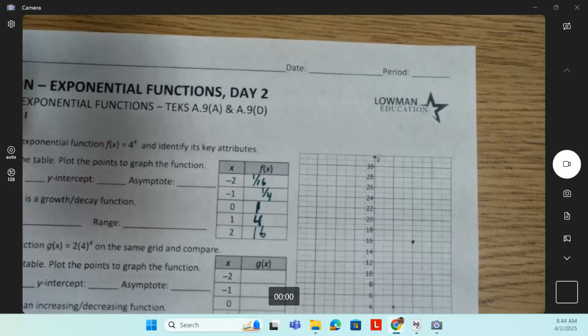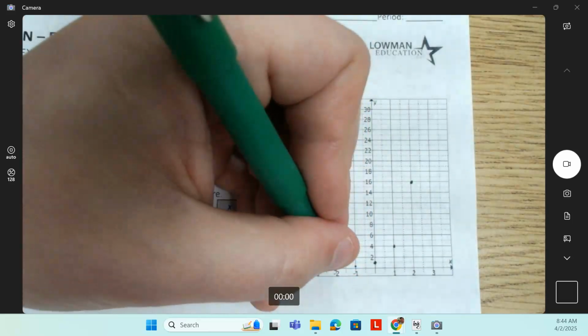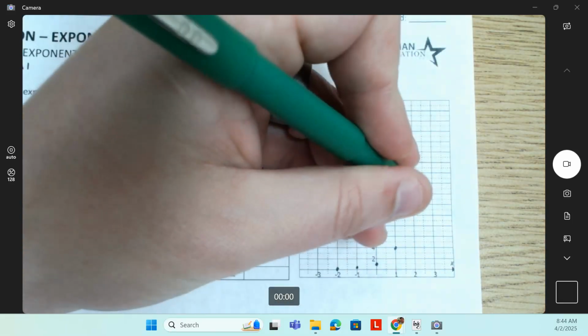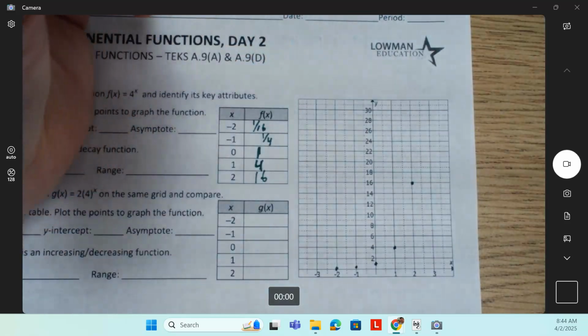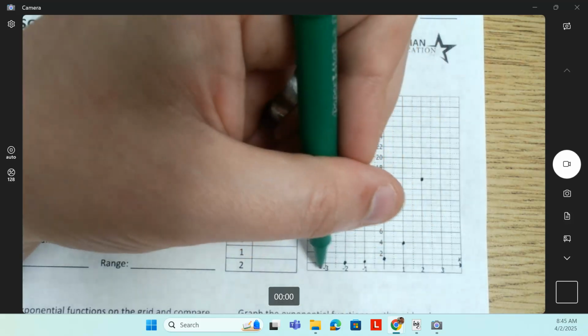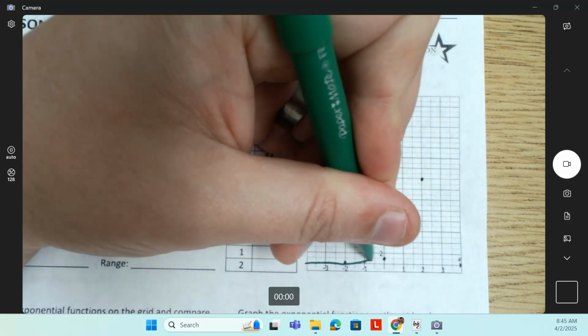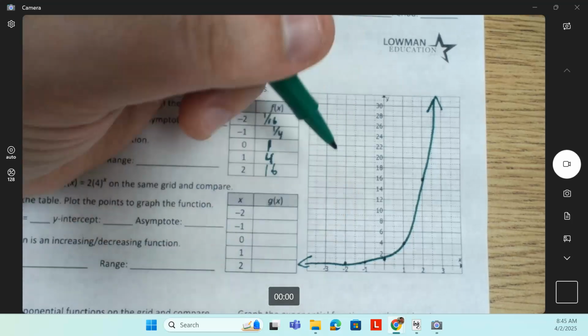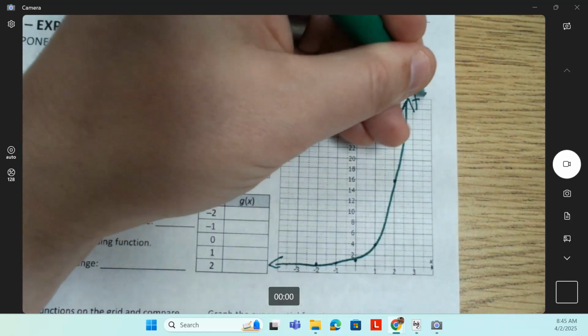So we're really just getting really close along that line here. So just giving you an idea of how it's going to go, and we're going to do our best to trace that graph kind of around as it goes just to get a general idea. And so that's going to be our f of x.